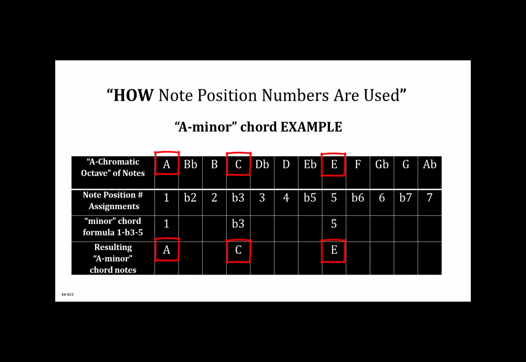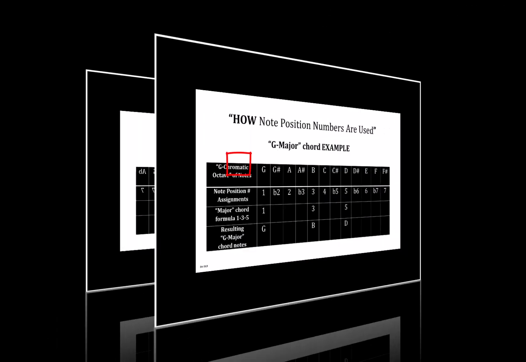So anytime a keyboardist is asked, or I'm asked, or you're asked to play an A minor chord, we will eventually learn by practice that it's an A, C, and an E. Without striving to memorize that, this is a way we can double check using note position numbers to get us there. And with enough practice, all of this becomes pretty routine for you. But this should help us. So that's our second chord in our make-believe song.